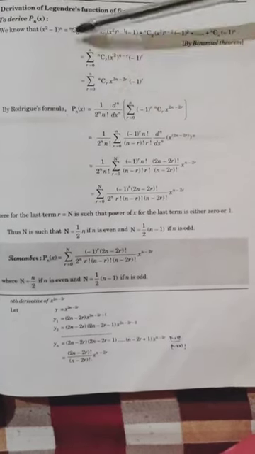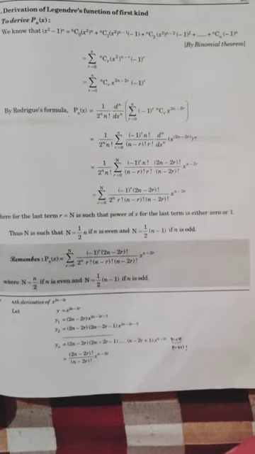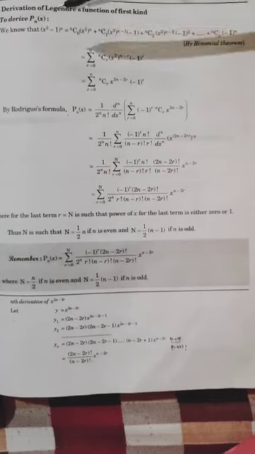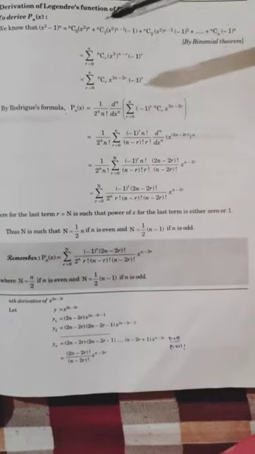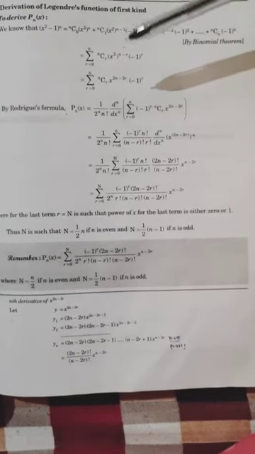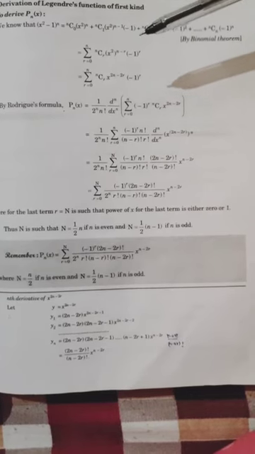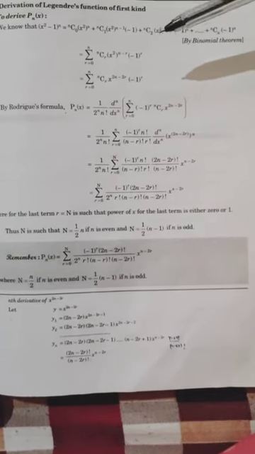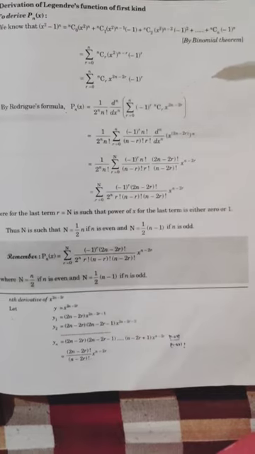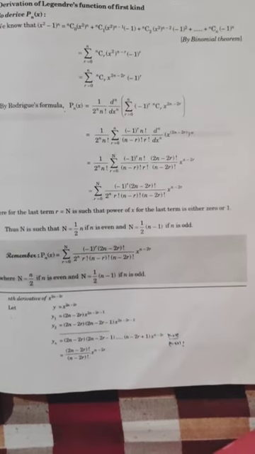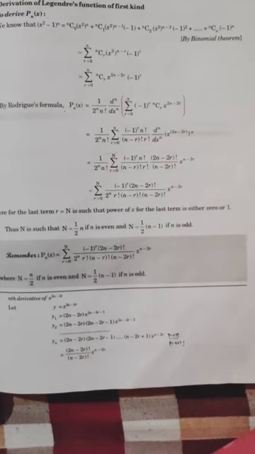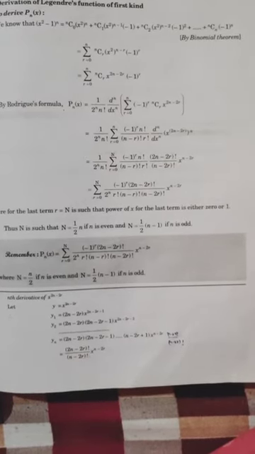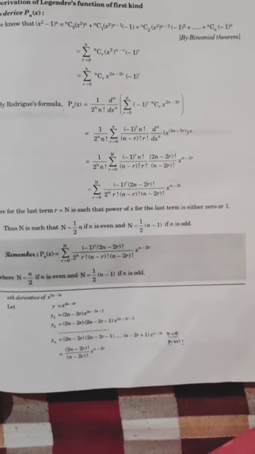We can expand (x² − 1)^n by using binomial expansion, and we get the results nC0 (x²)^n (1)^0 + nC1 (x²)^(n−1) (−1) + nC2 (x²)^(n−2) (−1)² + nC3 (x²)^(n−3) (−1)³ and up to nCn (−1)^n.